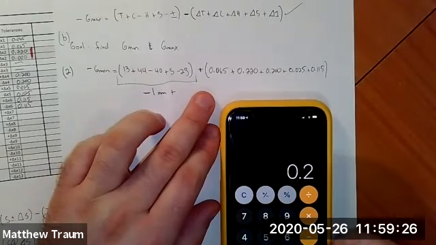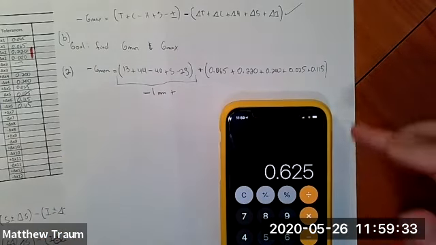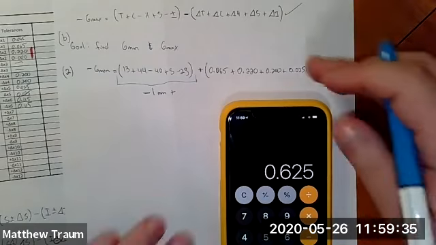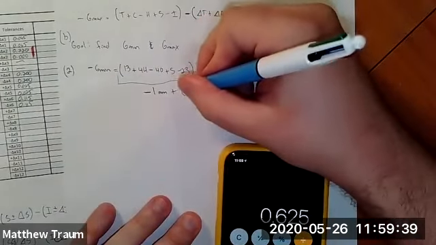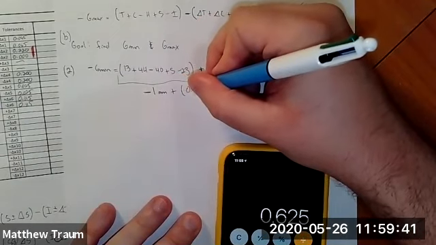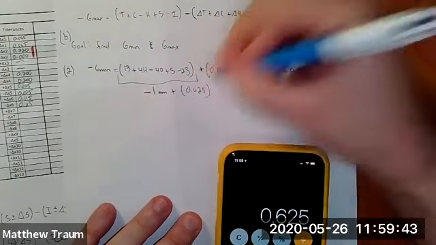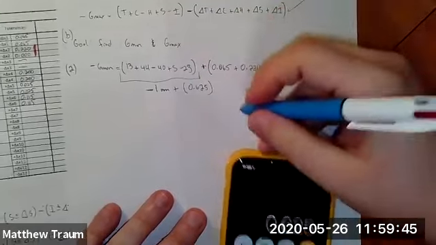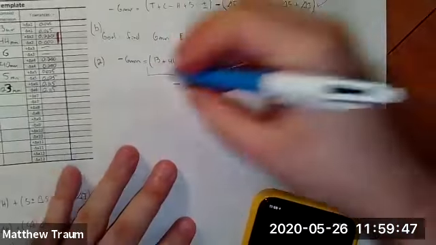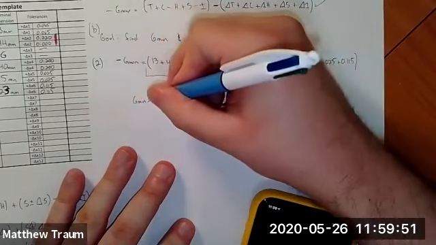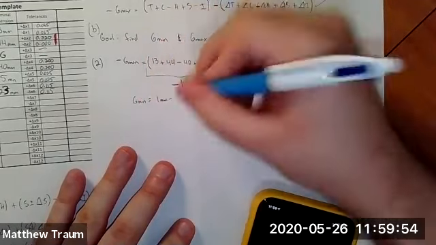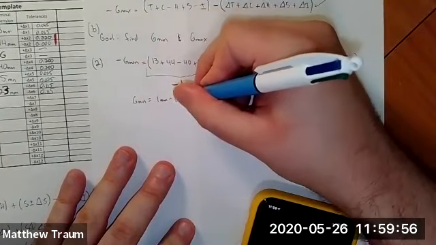0.65 plus 0.22 plus 0.2 plus 0.025 plus 0.115. Okay, so I'm adding them all up and I'm getting plus, so these are now the tolerances, 0.625. And so now if I solve this for Gmin, I'm just going to say Gmin is equal to 1 millimeter minus 0.625.